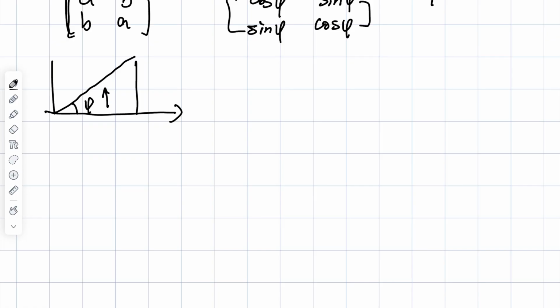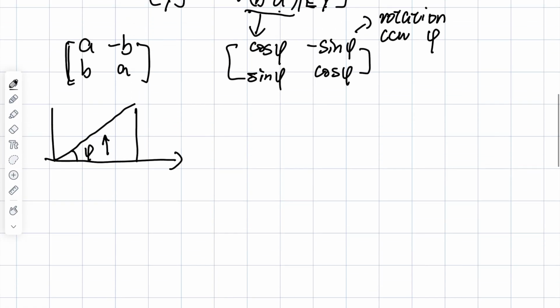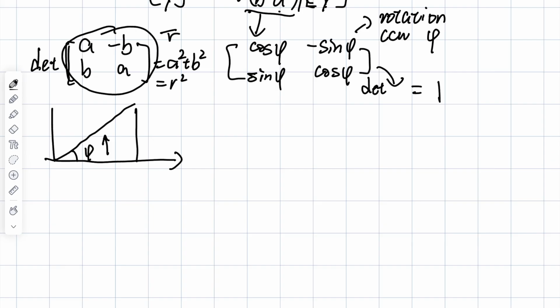Well, what's the difference between these two matrices? The determinant of this matrix equals a squared plus b squared, or let it be r squared, and the determinant of this matrix equals 1. So if we scale this matrix by 1 over r, we can get this matrix.